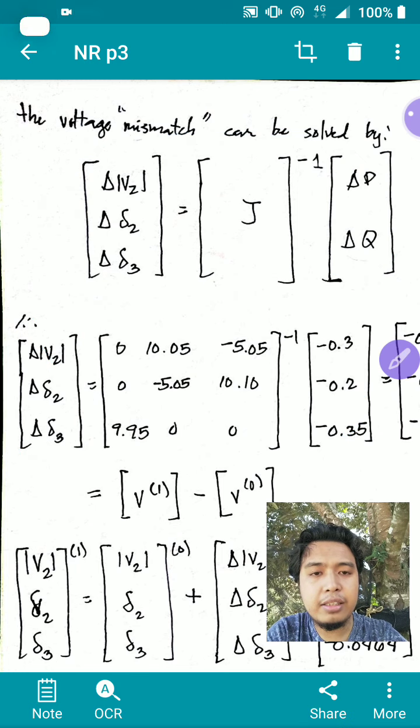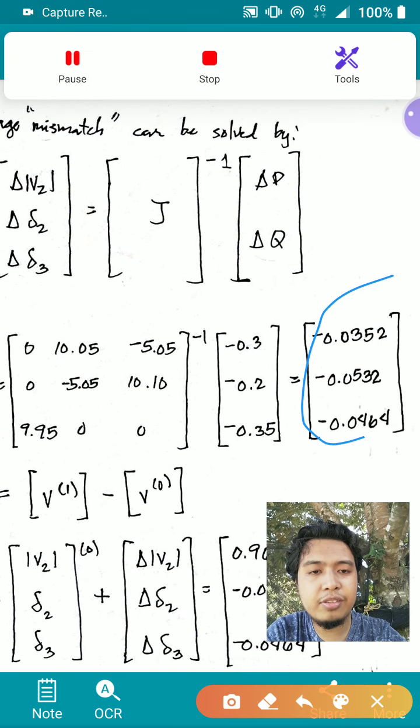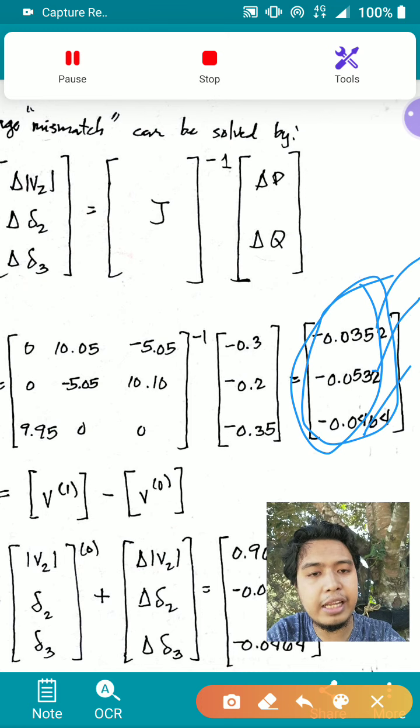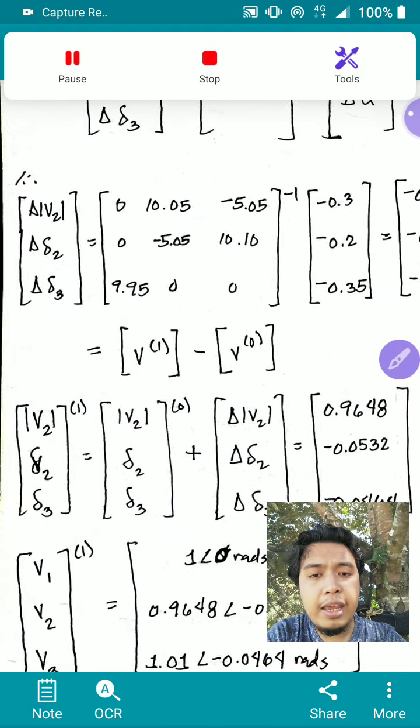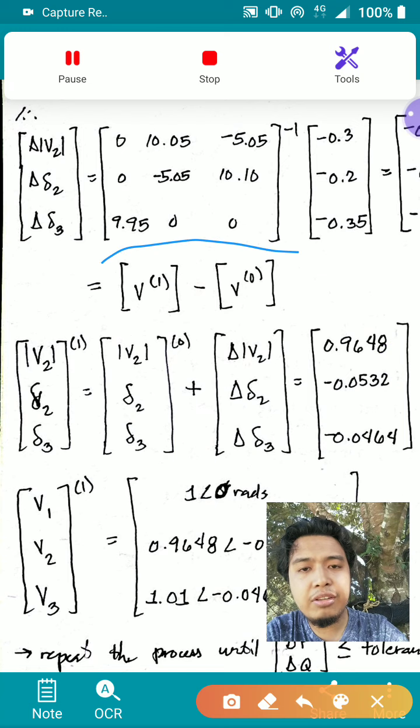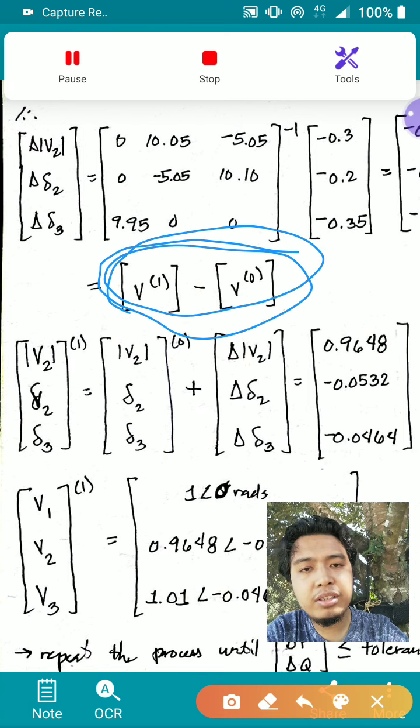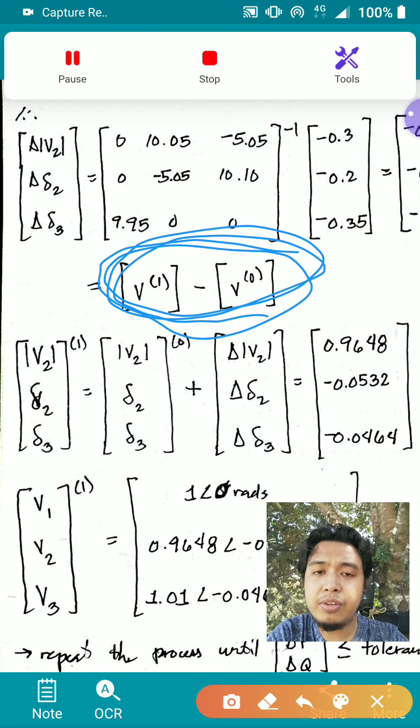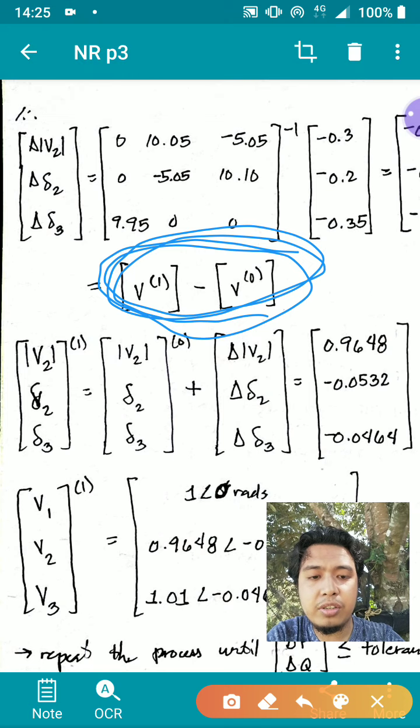If you get that, you get this value for delta V2, delta angle 2, and delta angle 3. That's essentially the difference between the first iteration and the second iteration.